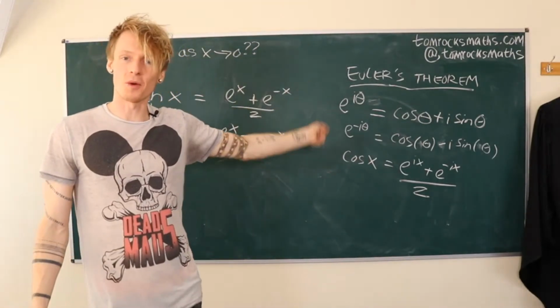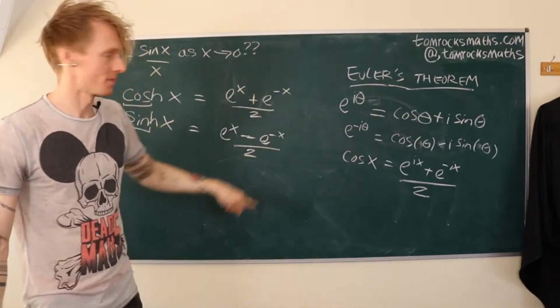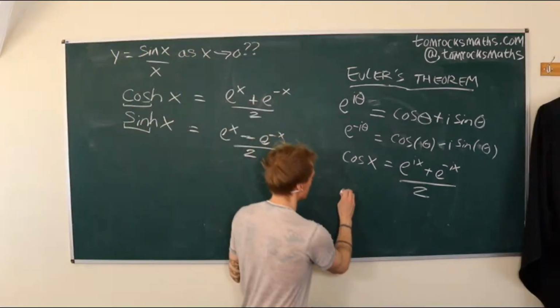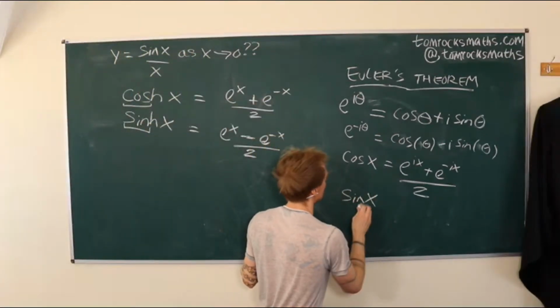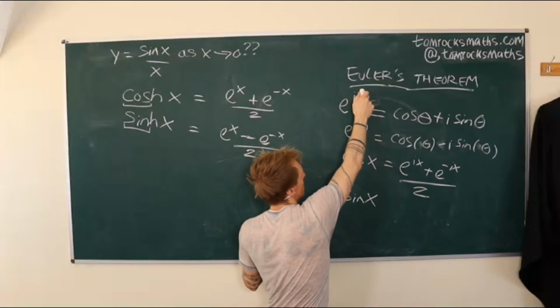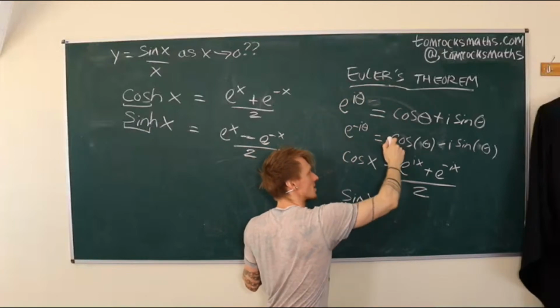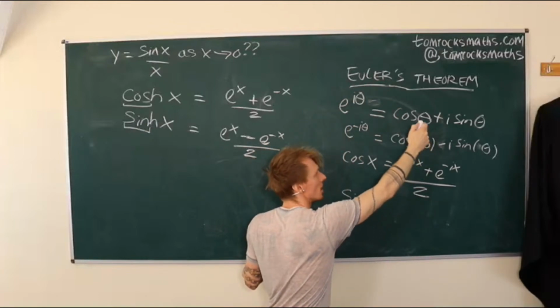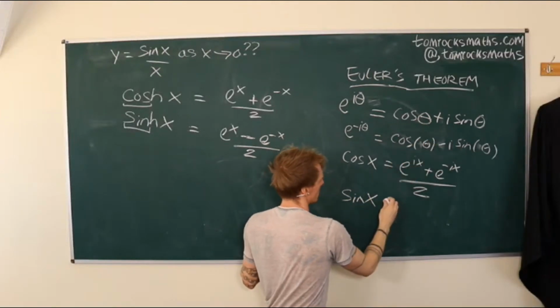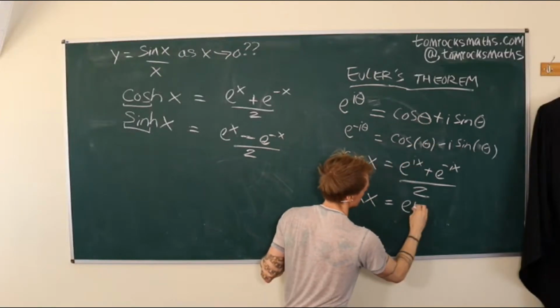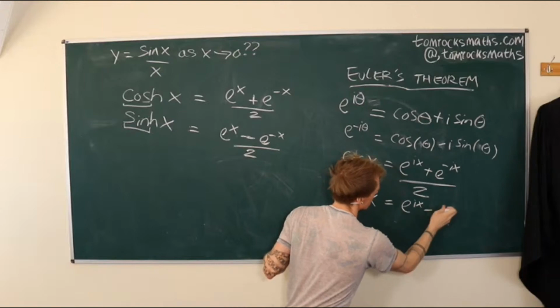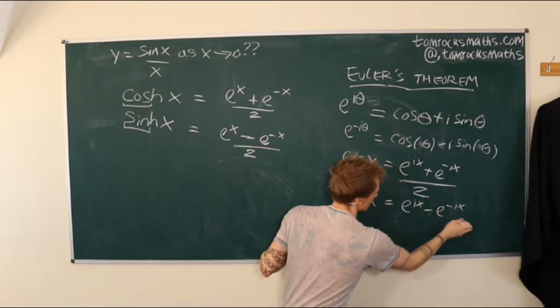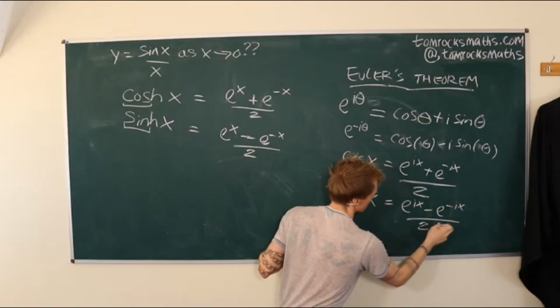And then if you do the top one minus the bottom one, we get two lots of sine. The cos terms cancel and I've got 2i sine theta. So therefore, sine is the top one minus the bottom one divided by 2i.